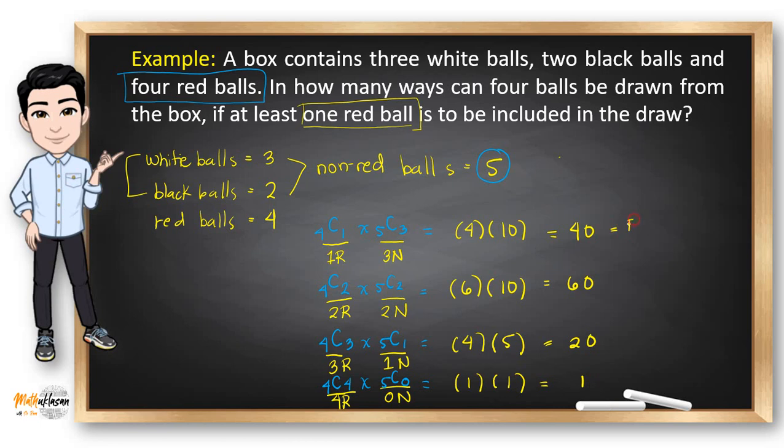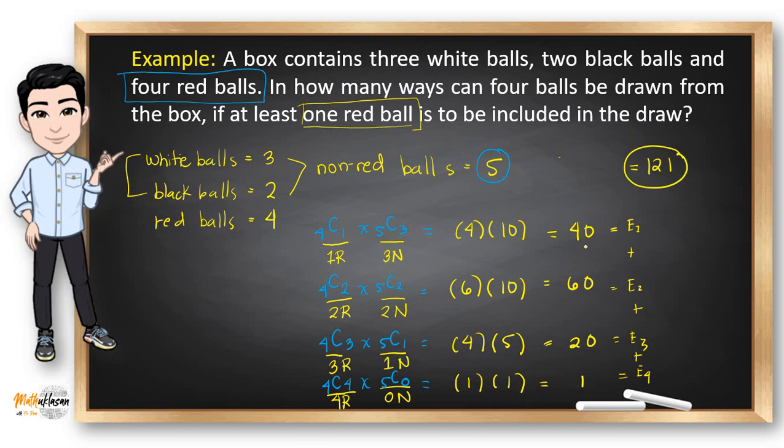So if this is the first event, the second event, the third, and the fourth, all we have to do now is add these four different options. So we have 40 plus 60 plus 20 plus 1. The answer is 121.